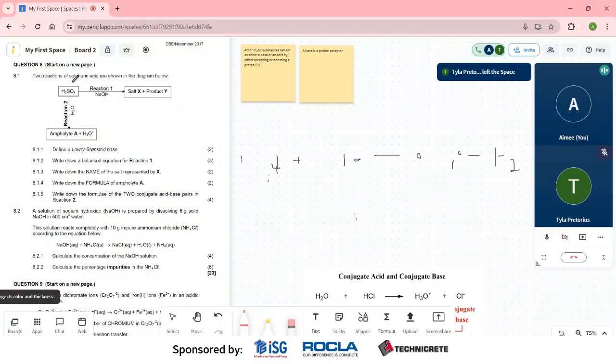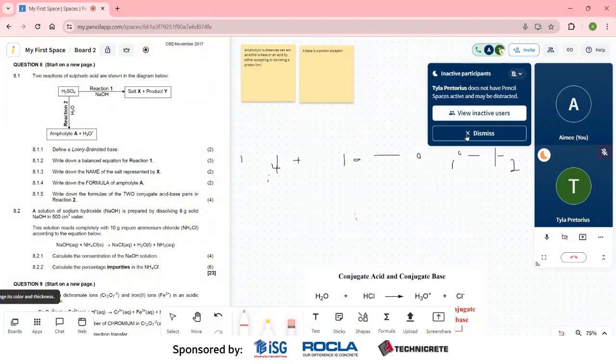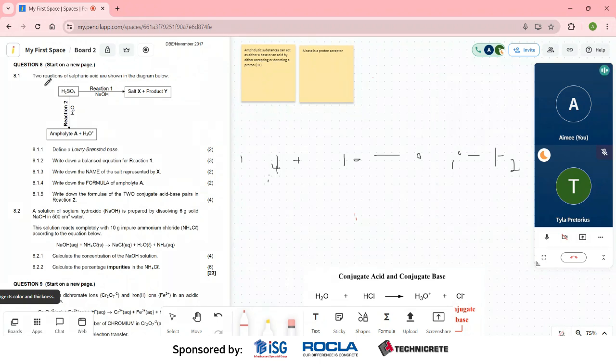So you know that you need to give the version of H2SO4 that has donated one of its hydrogens to water. You need to give the version of H2SO4 that has donated a hydrogen so that water, H2O, could become H3O positive. The only way H2O becomes H3O positive is if some other substance donates an H positive.